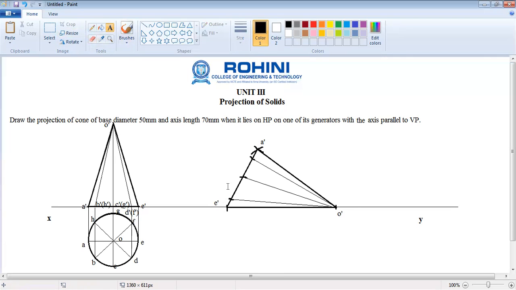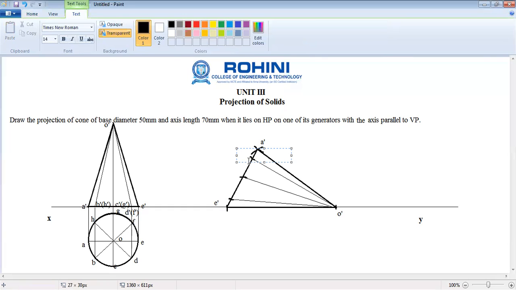Mark the points B dash H dash, C dash G dash, and D F.